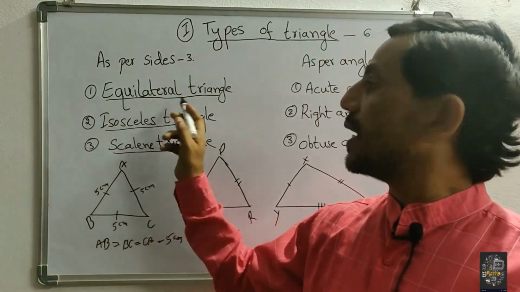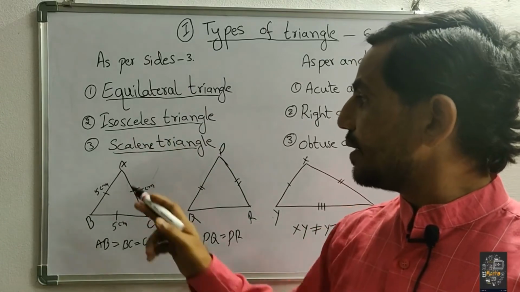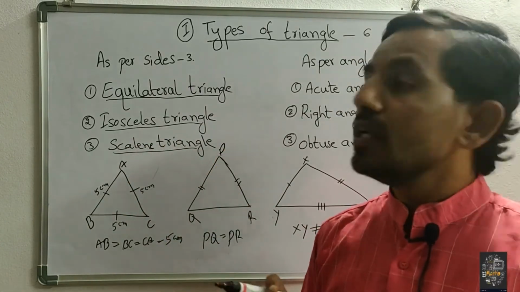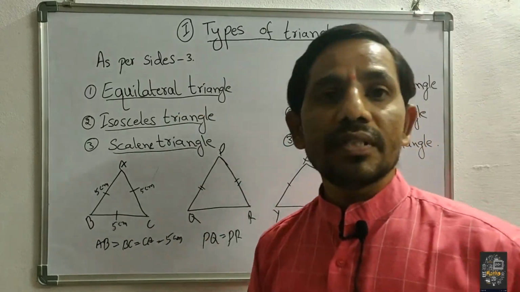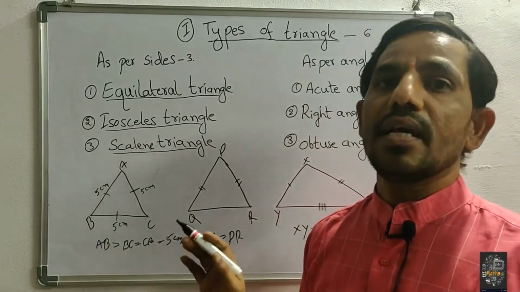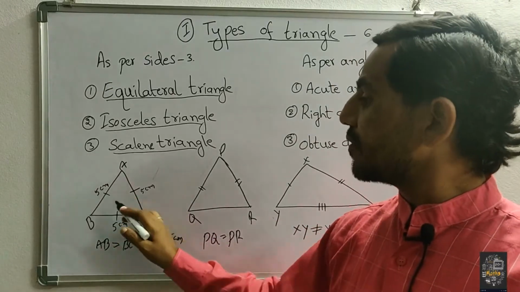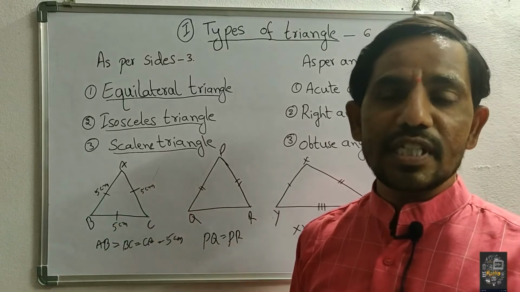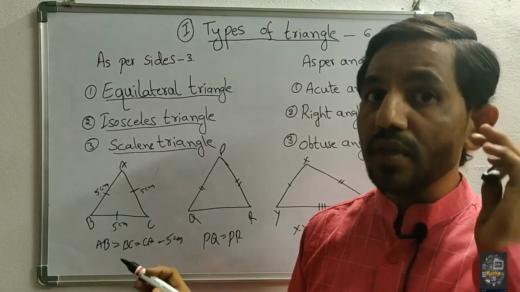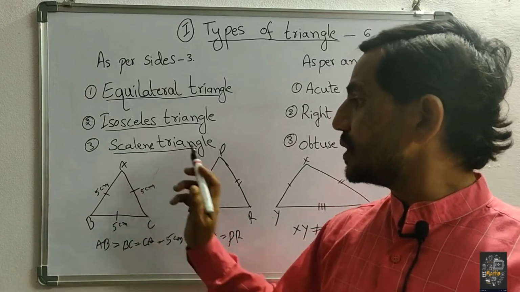Once again, as per sides, there are three triangles. First one, equilateral triangle. Second one, isosceles triangle, and third one, scalene triangle. Equilateral triangle means all sides are equal. Simple. All sides are equal, that is an equilateral triangle. Example, here I am taking 5 cm, 5 cm, 5 cm, not exactly 5 in other cases. AB is equal to BC is equal to CA.